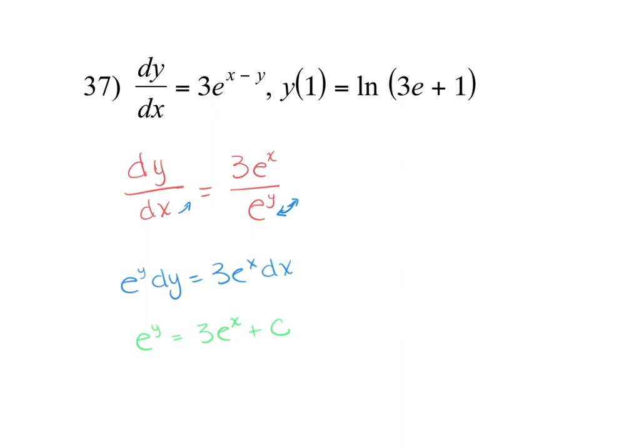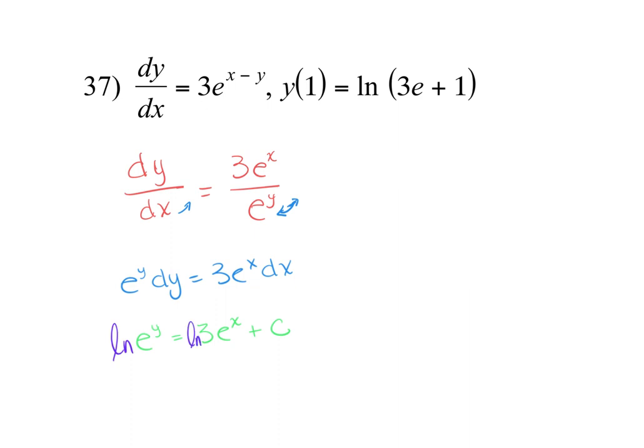Okay, I actually have not gotten my final because I don't have my y by itself. How do I get that y by itself? I need to do the natural log of both sides.